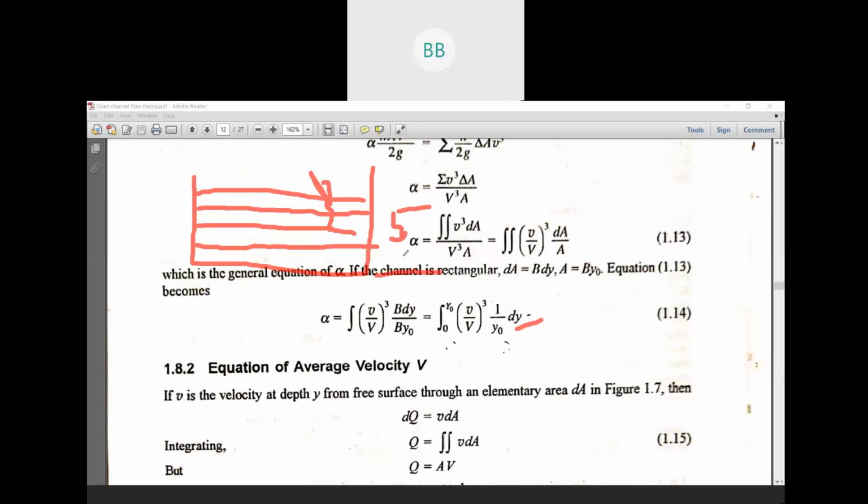Your depth cannot be greater than 5 for that particular small elementary area. So that is why we have a limit from 0 to y naught, as y naught is the maximum depth. We are integrating with respect to y, so dy, and your limit should be from 0 to the maximum, if it is 5, then it will be 5. That is why your maximum limit is y naught.